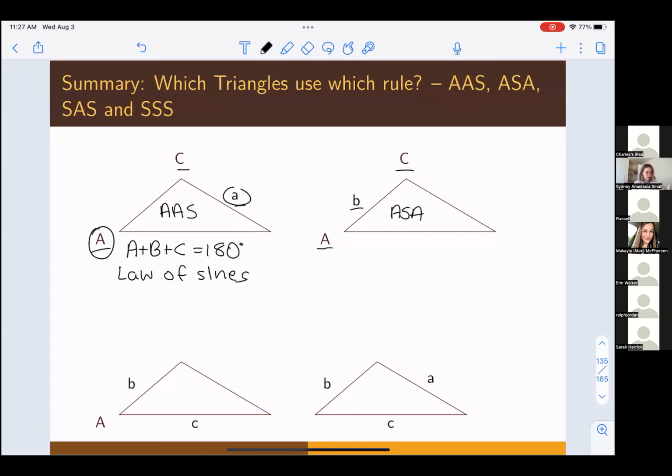We knew angle A, but not side A. We knew angle C, but not side C. We knew side B, but not angle B. So before we did anything else, we had to start by solving for angle B to get us an opposing angle-side pair. So we did that. And then again, this was one of the nice ones where all we needed was to go ahead with the law of sines.